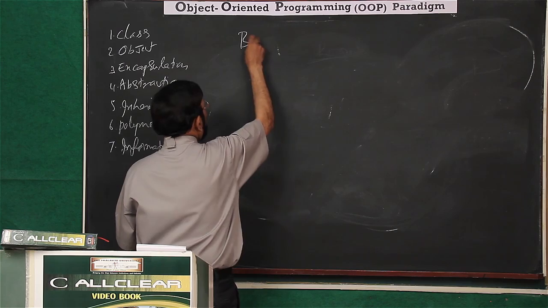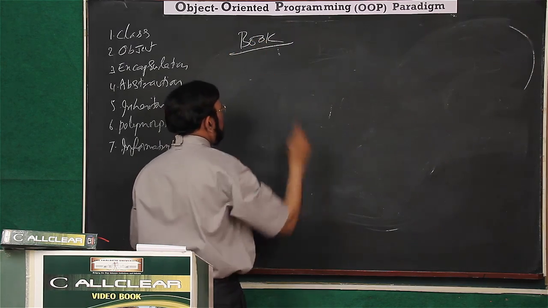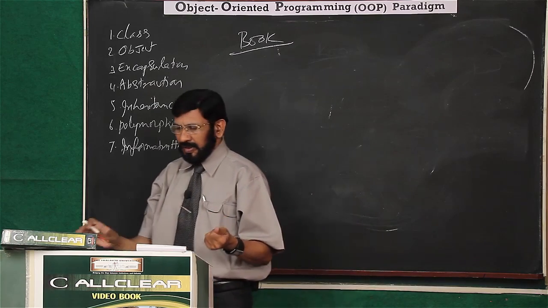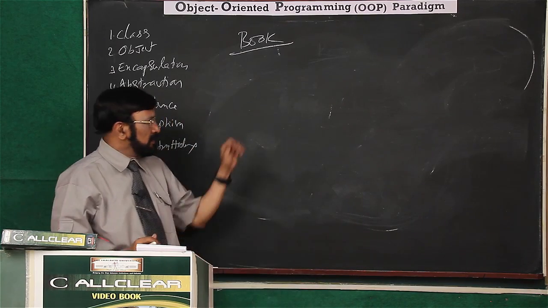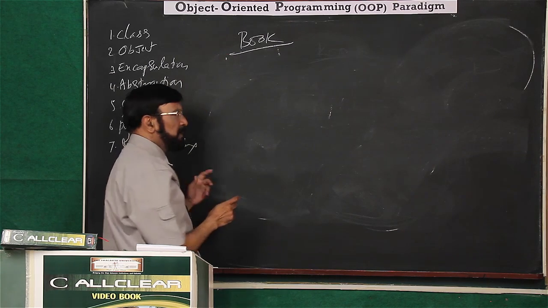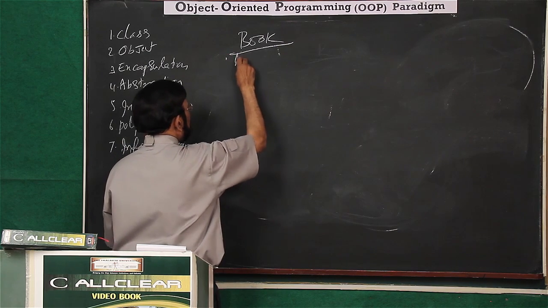Now I will take a book. A book is an object. If you take a book object, let us list out the properties. There are numerous properties. What are the properties?